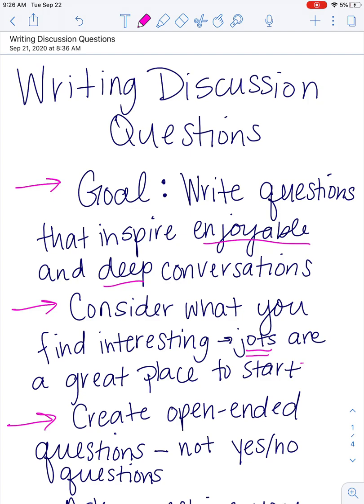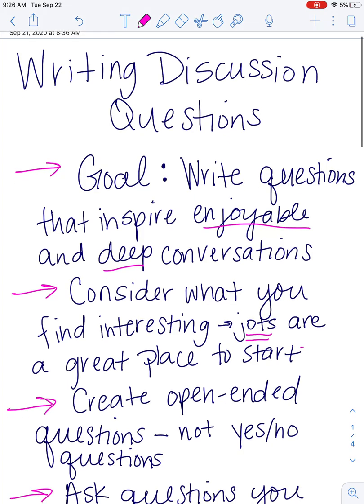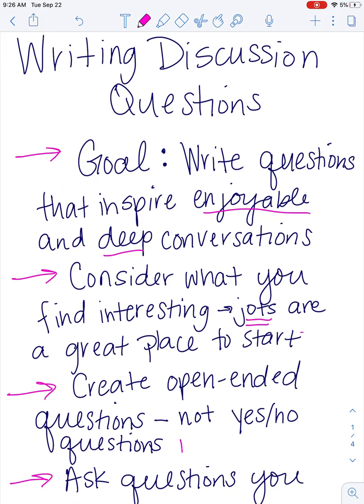Like that's not an interesting conversation. We can make a yes-no question interesting by asking why and focusing on the why if we're going to ask a yes-no question. So if you want to do that, that is fine. You're just going to want to keep in mind that you want to focus on the why if you've asked a yes-no question.